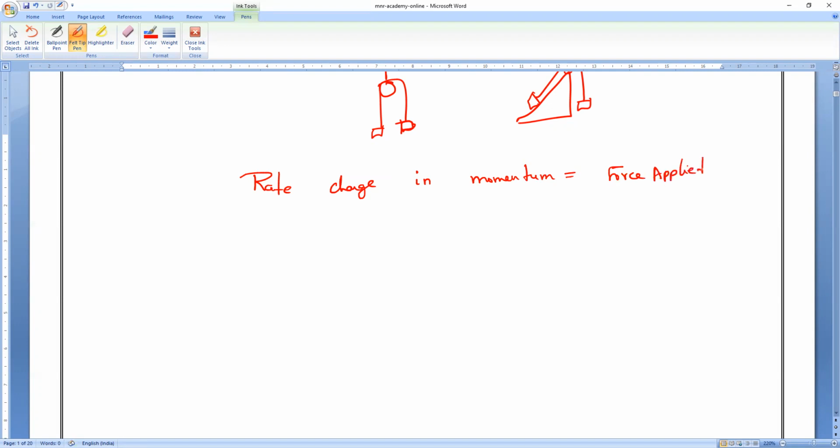What is the change in momentum, everybody? Change in momentum, change in velocity, everything we represent with a delta. Am I right or wrong, everyone? Yes, sir. Change in momentum divided by change in time, that is what we used to call force. This is what we call Newton's second law.